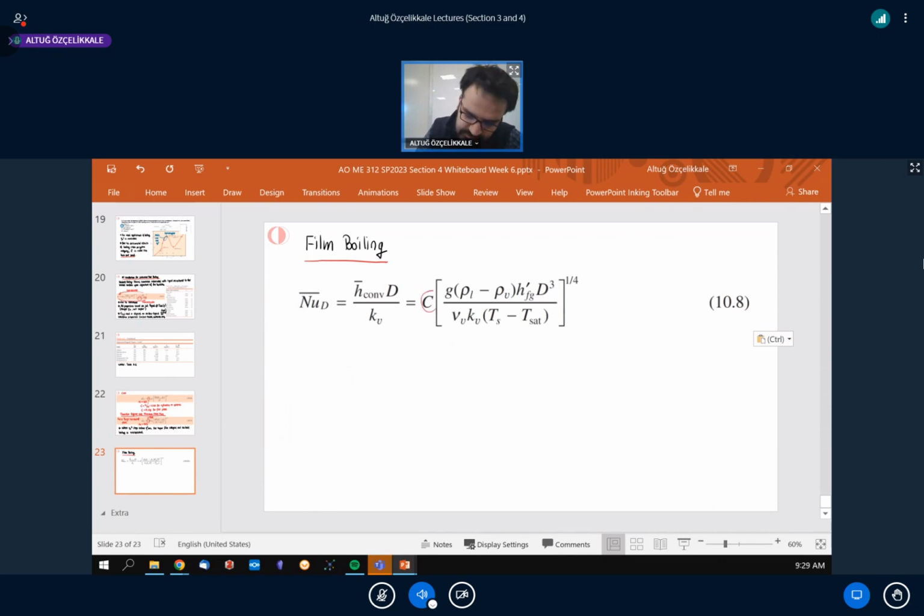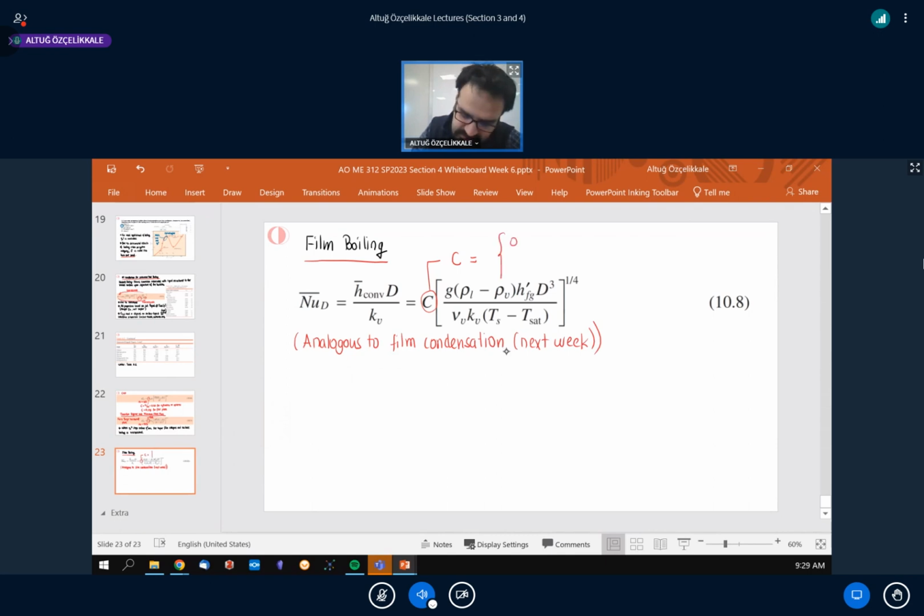First of all, let me write this. This is analogous to the film condensation equation, so don't be surprised when you see a similar equation when we discuss condensation. C has multiple values.